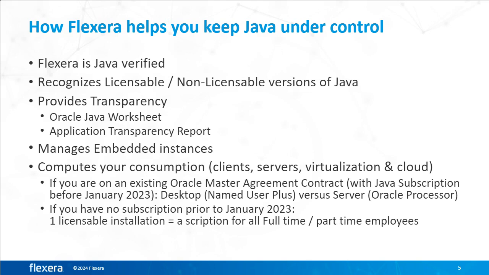We also have the capability to manage embedded instances, meaning Oracle Java is embedded in another third-party application. As a customer, I want to manage my Java instances to get an absolutely accurate view of how many licenses are needed. So this makes a difference. And for sure, we can compute the consumption for clients.